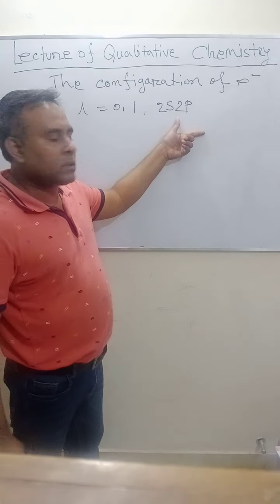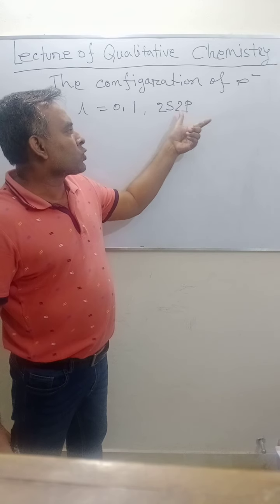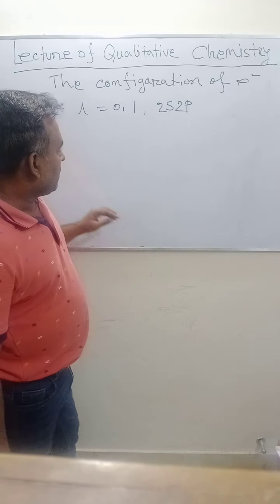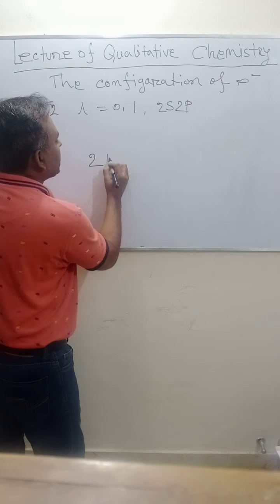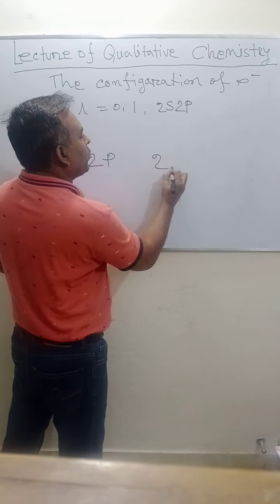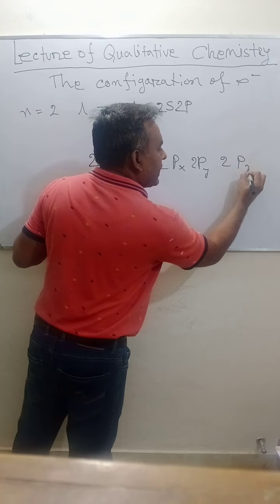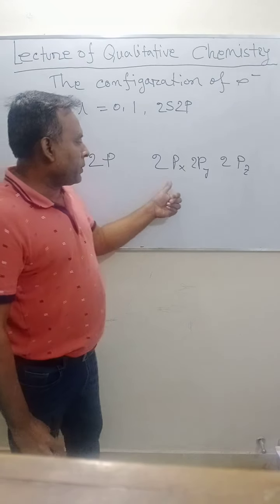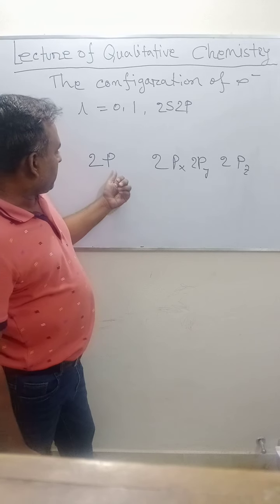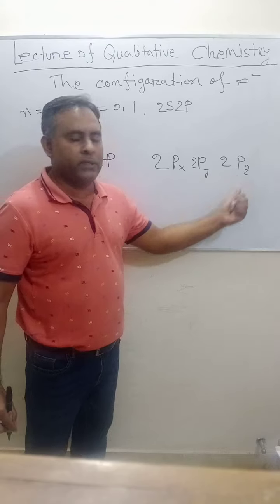This is the subshell in the second shell: 2S and 2P. The 2P subshell is oriented in three ways: 2Px, 2Py, 2Pz.